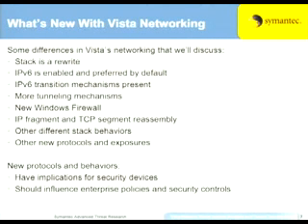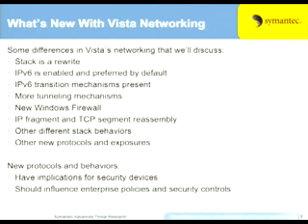Some of the differences in Vista's networking that I'll discuss today is that the stack is a rewrite. IPv6 is enabled and preferred by default. This IPv6 transition mechanism is present. There's more tunneling mechanisms than in XP. There's the new Windows firewall.